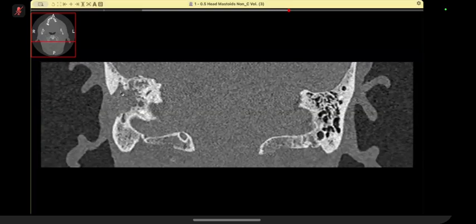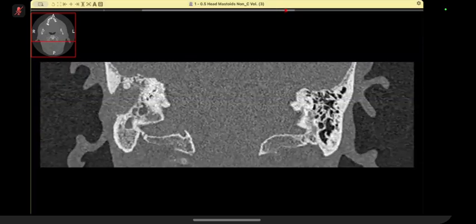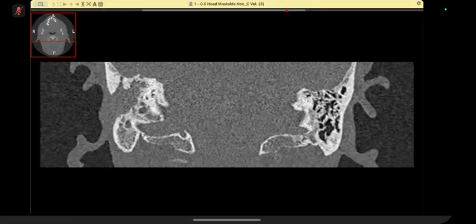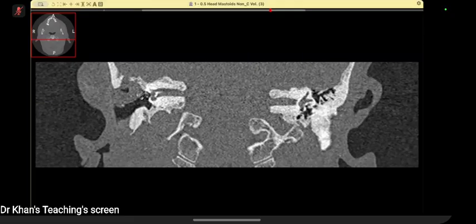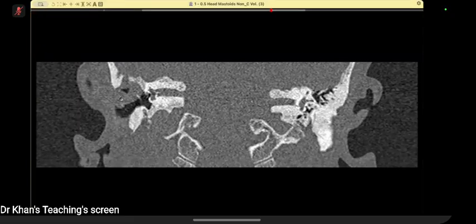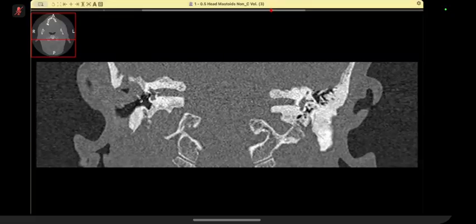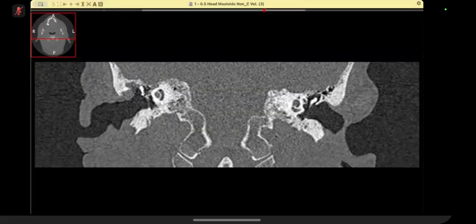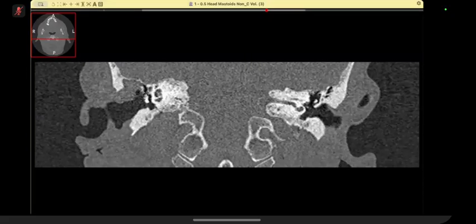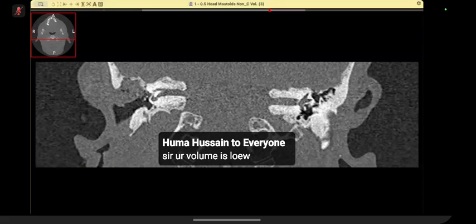So if you see here, this is the lateral semicircular canal, and this is a portion of the superior wall of the external auditory canal. It is completely gone because of surgery. And this is the epitympanum. Everything else you cannot make out.